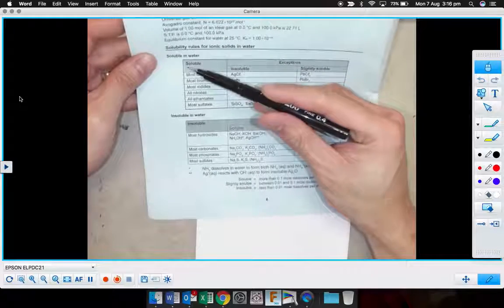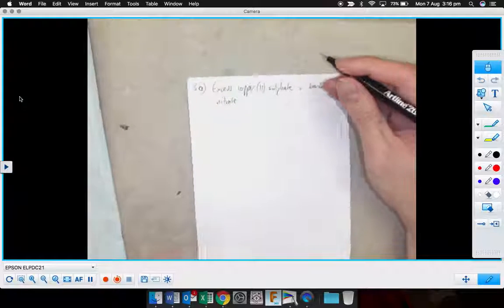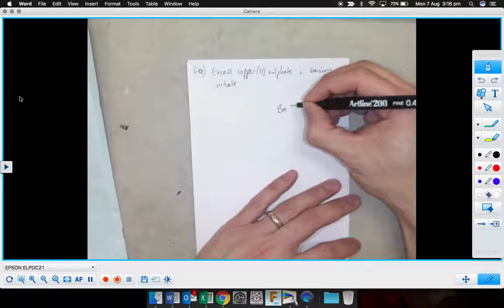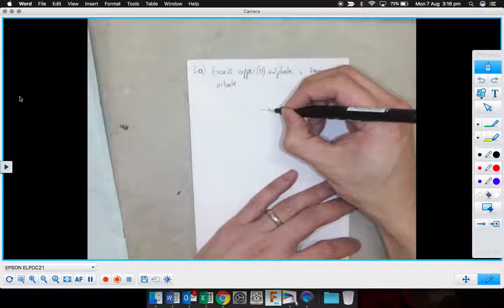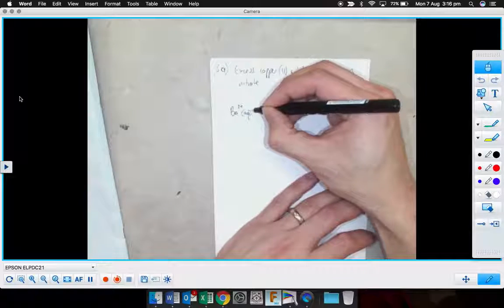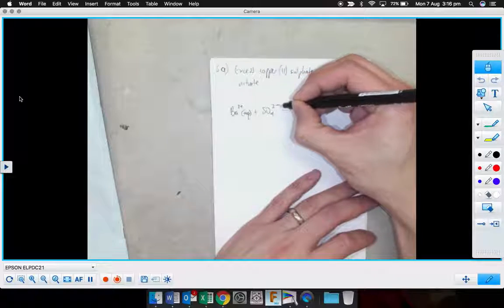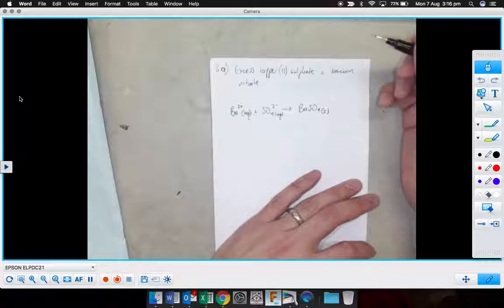Most sulfates are soluble in water except for barium sulfate, which is an exception. So the barium sulfate is going to be insoluble. All right? And it's going to come from barium 2 plus ions and sulfate ions. And there's your balanced ionic equation.